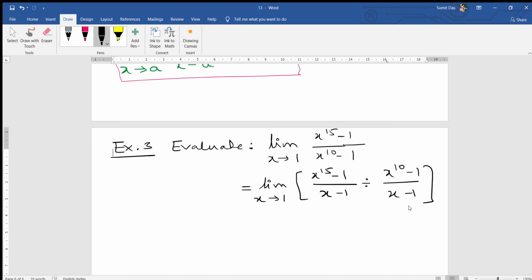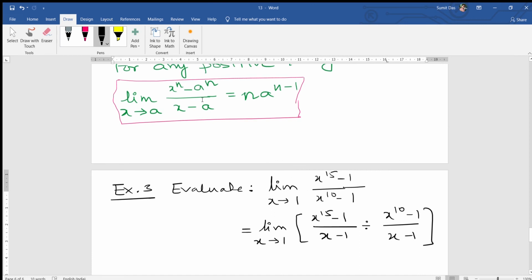Because division means multiplication, it will be on the next line, so x minus 1 will be numerator, and x minus 1 and x minus 1 are cancelled. Why am I doing this? To use this one. Look what the question is saying: if x to the power n minus a to the power n divided by x minus a, and x tends to a.